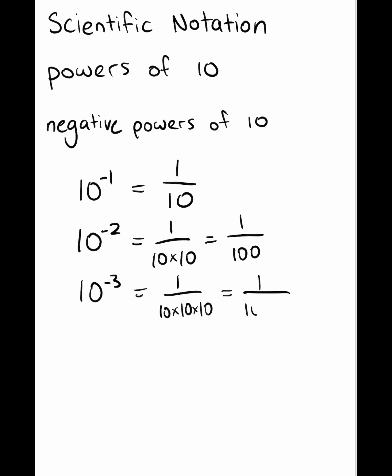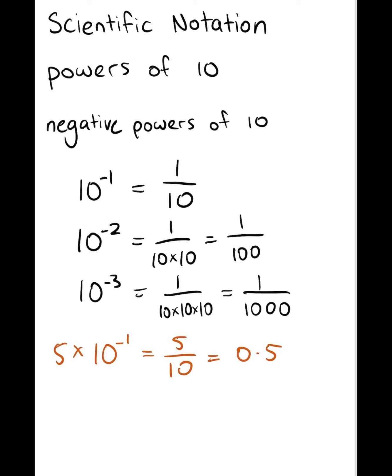And if we do that again, 10 to the power of negative 3 is the same as 1 divided by 10 times 10 times 10, or 1 divided by 10 to the power of 3, which is the same as 1 divided by 1,000. So this time we're dividing by our indice factor. If it was 10 to the power of 3, we'd be timesing by 1,000. This time we're dividing by 1,000 because we have that negative.